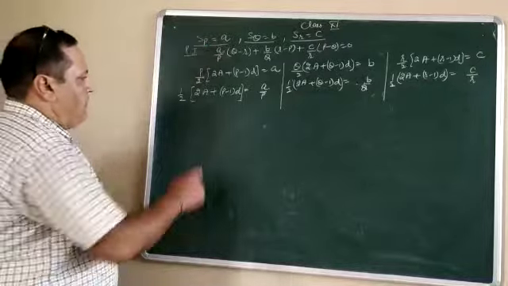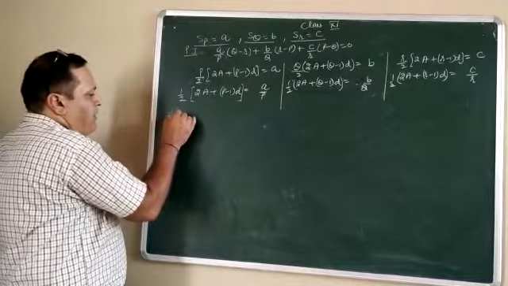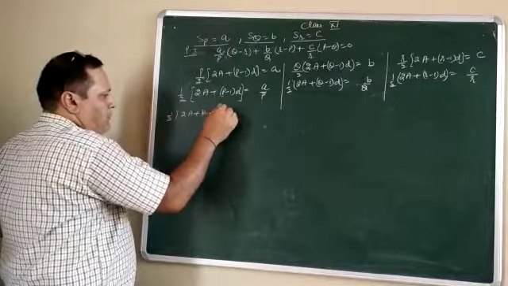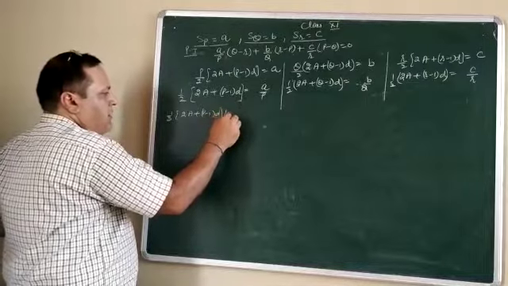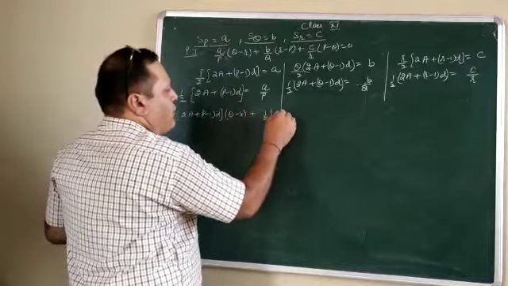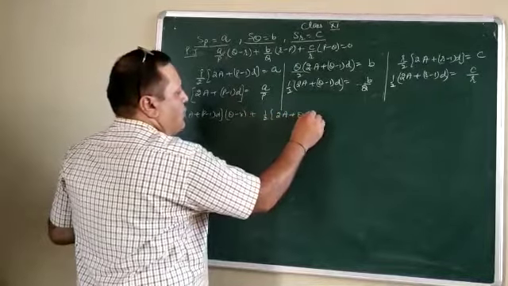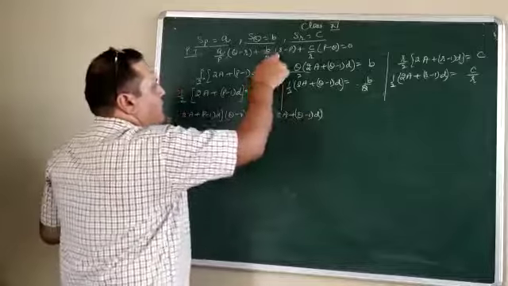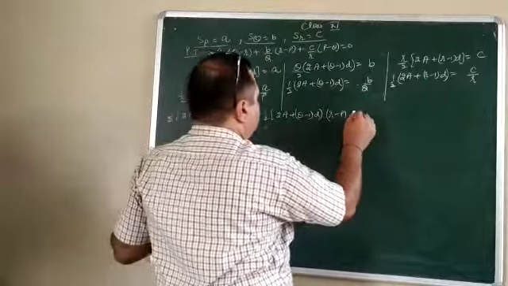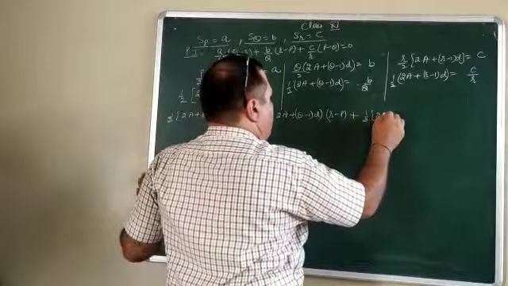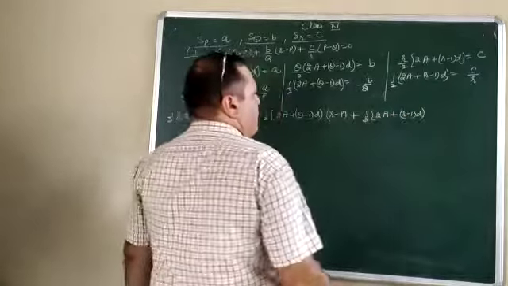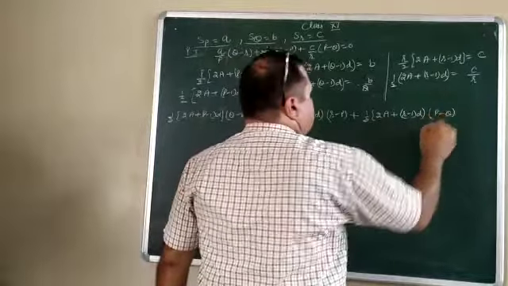A by p is 1 by 2 into 2a plus p minus 1 into d, the complete result multiplied with q minus r, plus 1 by 2 into 2a plus q minus 1 into d multiplied by r minus p, plus 1 by 2 into 2a plus r minus 1 into d multiplied by p minus q.